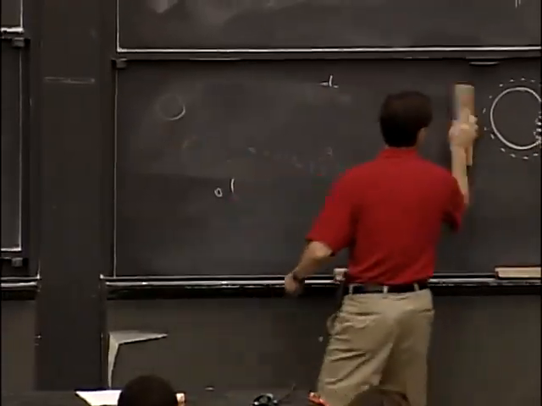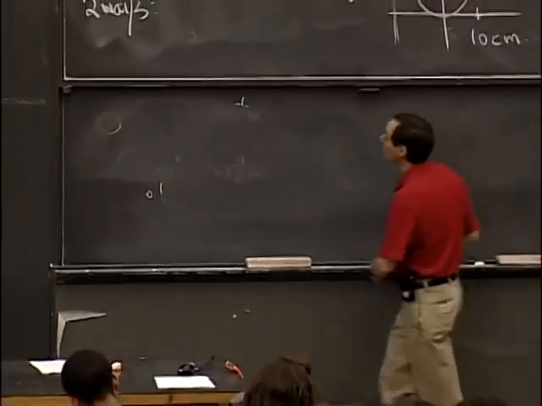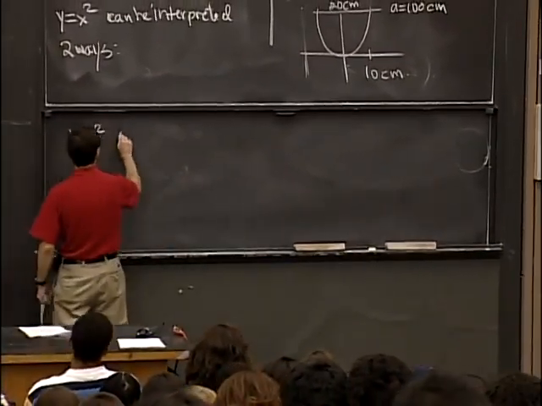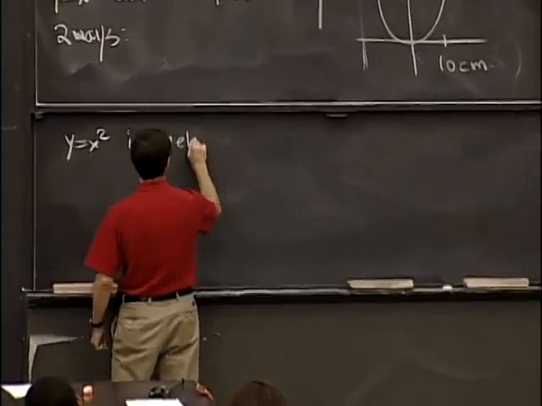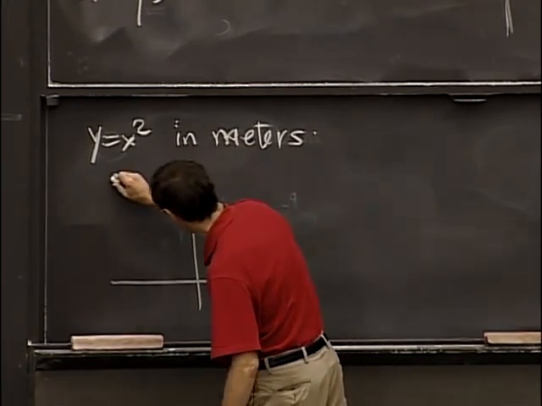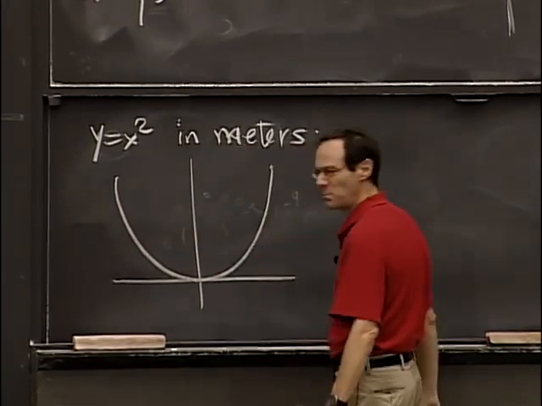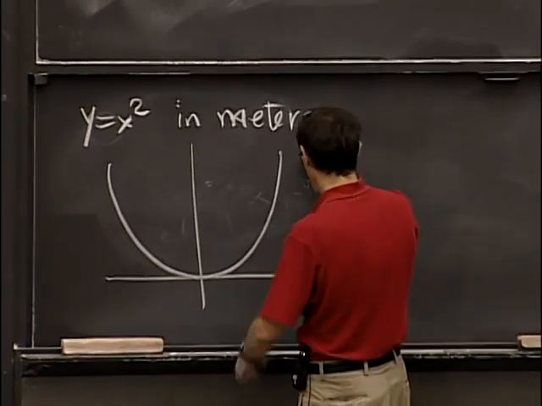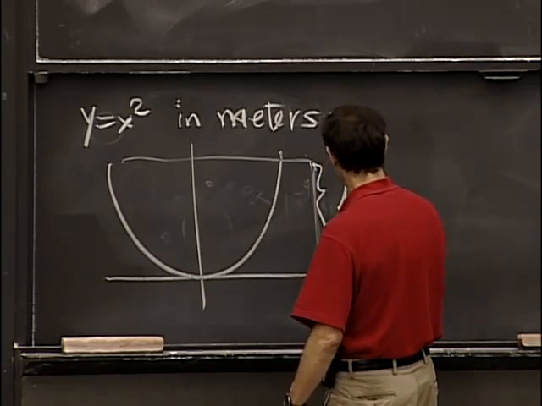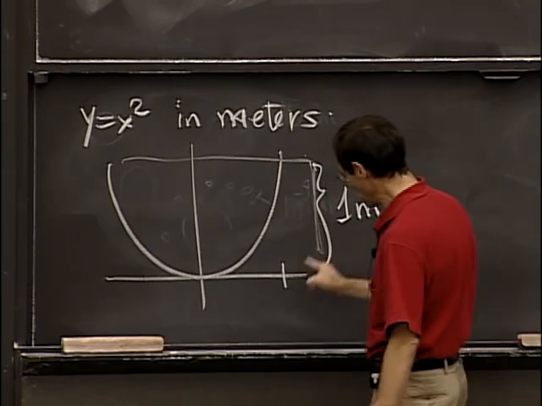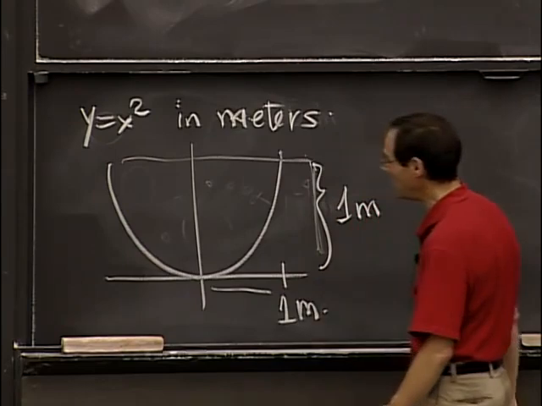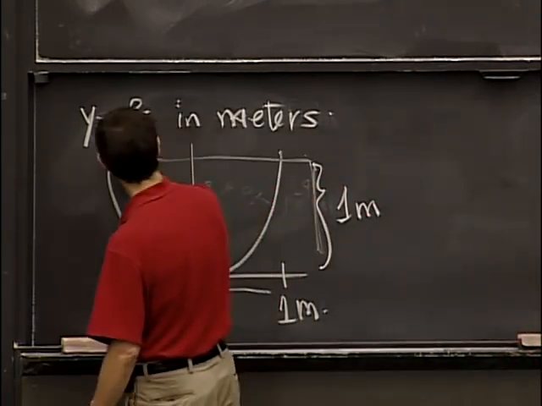The other picture is interpreting y equals x squared in meters. And that's more like what I had in mind, actually. I had in mind this big vat here. This distance here is 1 meter, and then the square root of 1 is 1, so this distance here is also 1 meter, and the top is 2 meters.